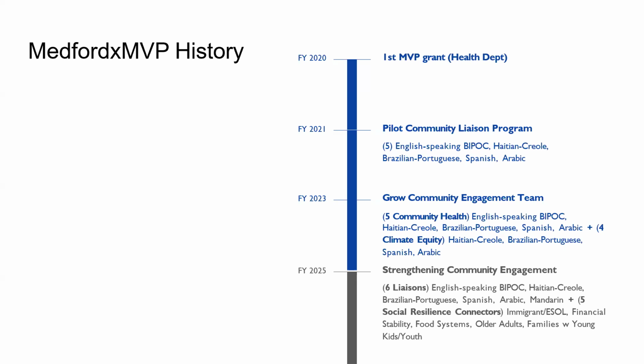But in the fall of 2019, I was starting to work with the city of Medford and the health department. With my background in public health, particularly in the intersection of climate and health, I was familiar with the MVP program. I also knew that the health department had long been interested in a community health program with outreach workers embedded in neighborhoods.